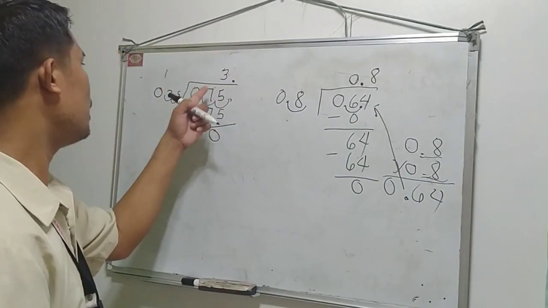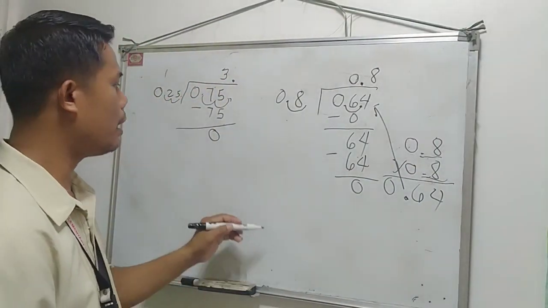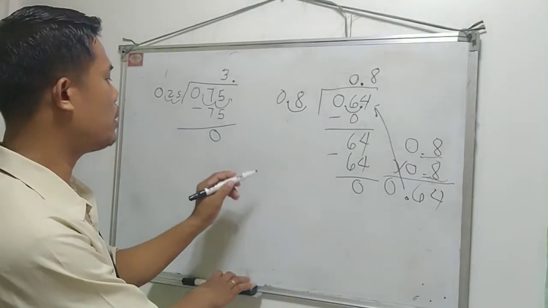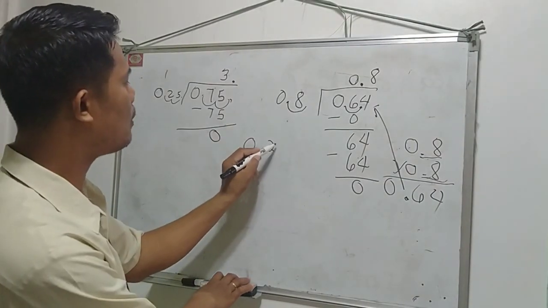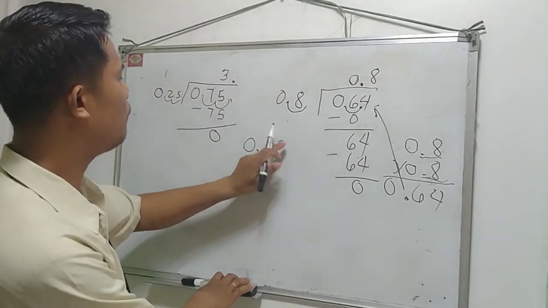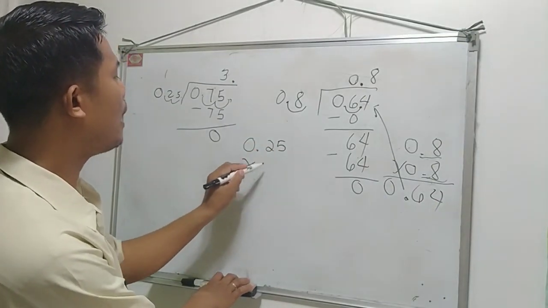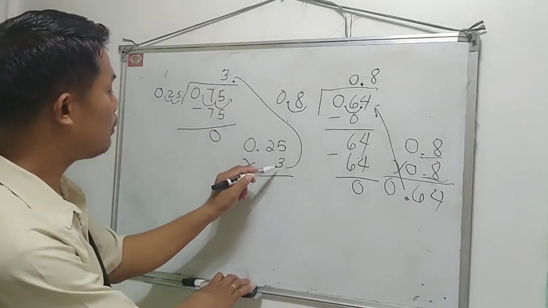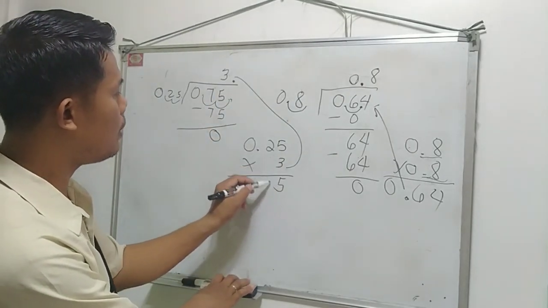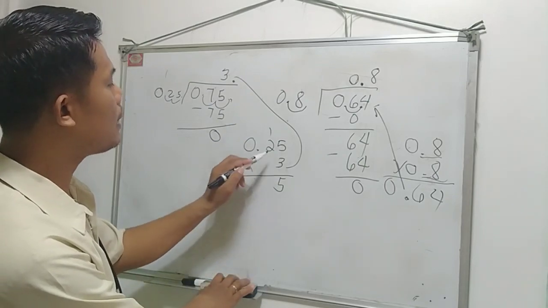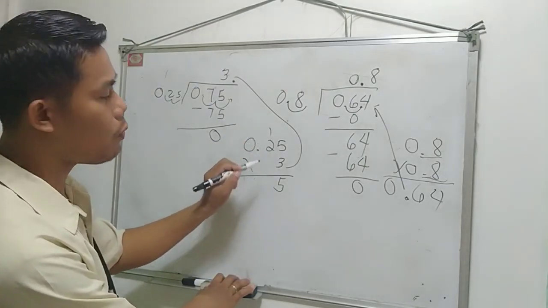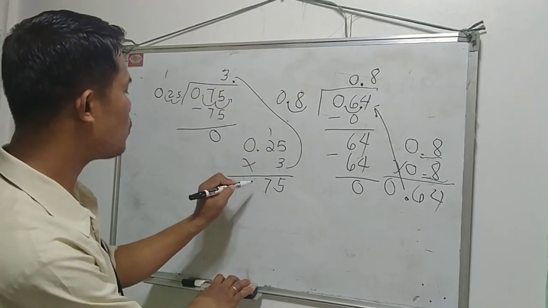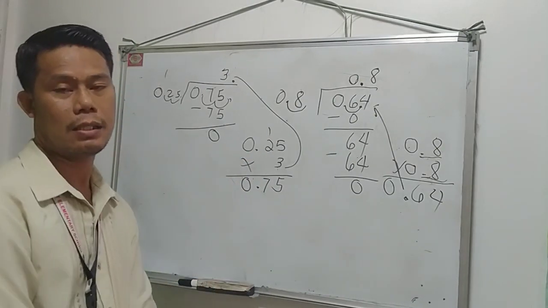This one, we can also check by multiplying our divisor to our quotient. So we have 25 hundredths times 3. So 3 is our quotient. So 3 times 5 equals 15, carry up 1. 3 times 2 equals 6, plus 1 equals 7. Then, 2 decimal places, 1, 2, so you have to add the decimal point.